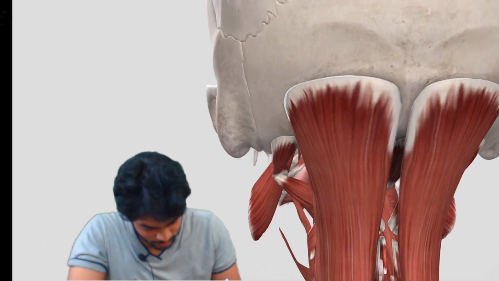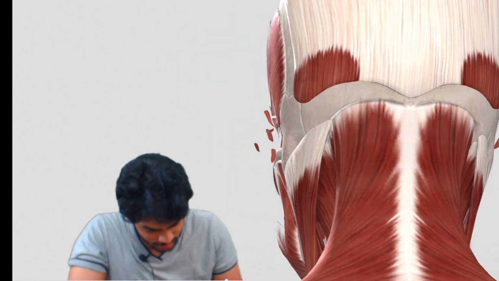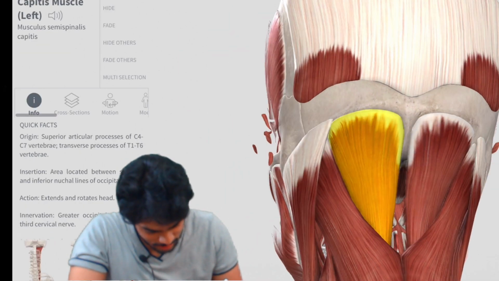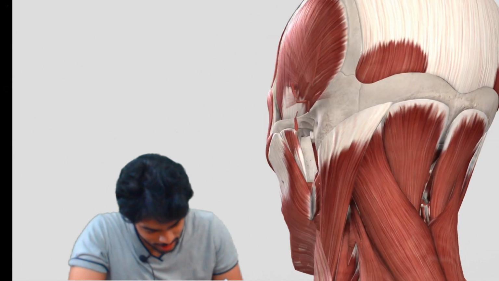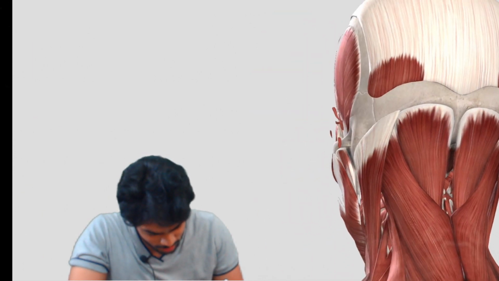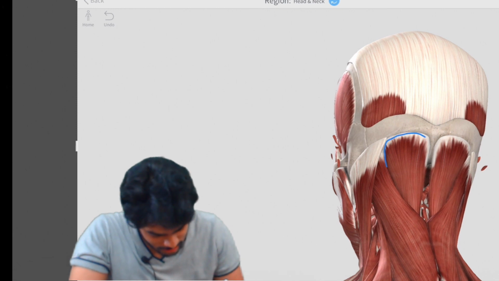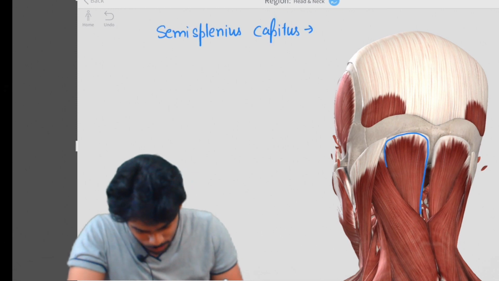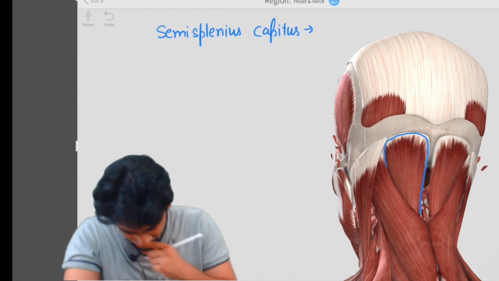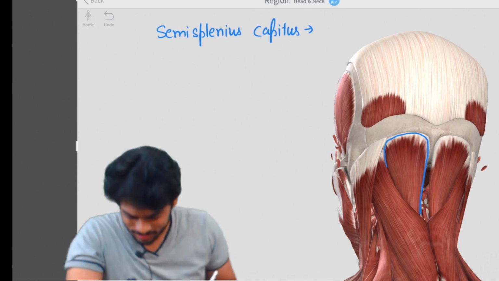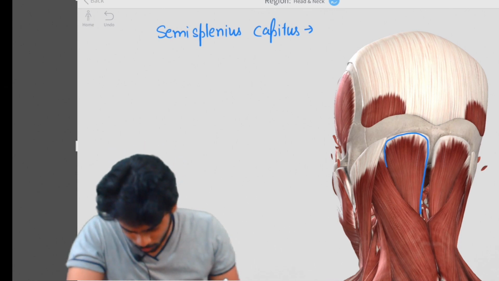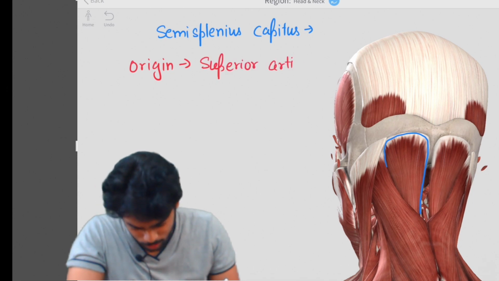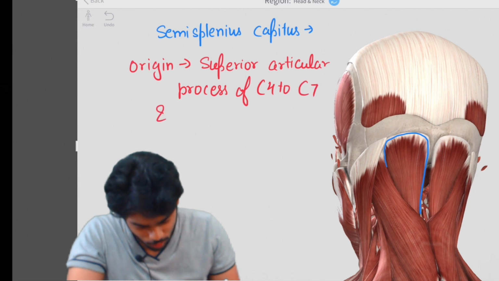Let me remove this trapezius. This is semispinalis capitis muscle, and let me remove this side one also. Okay, where is the origin? The transverse processes of C4 to C7 and T1 to T6, and the superior articular processes of C4 to C7.